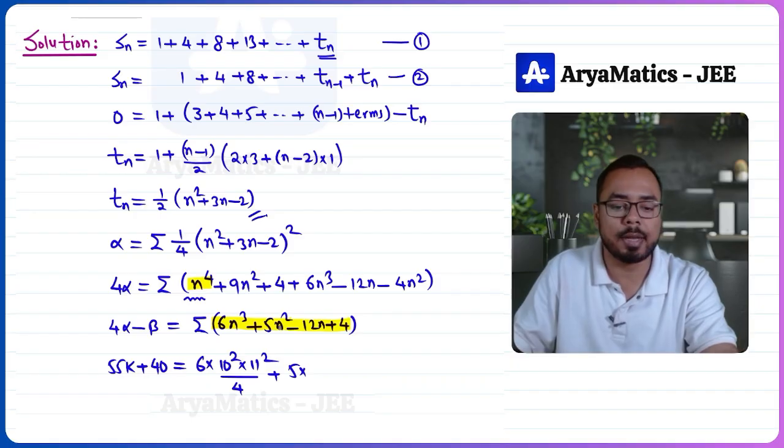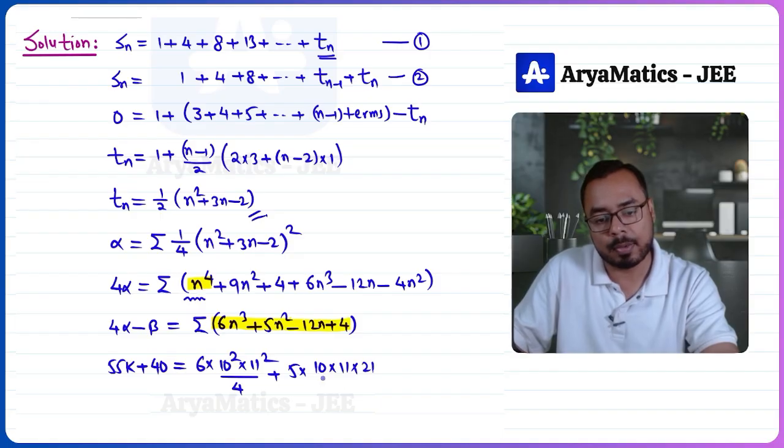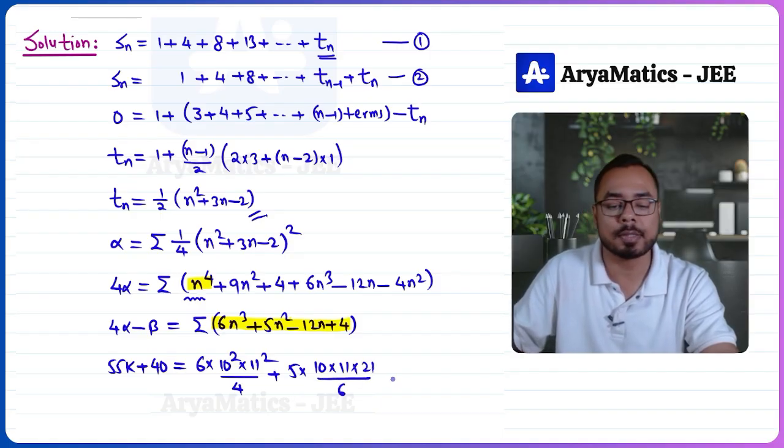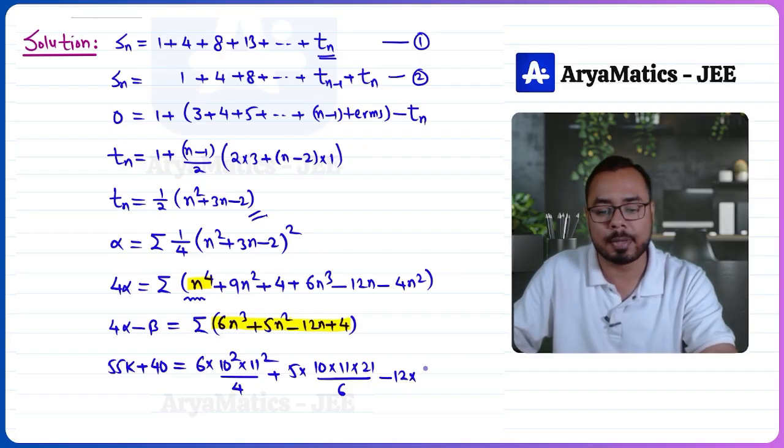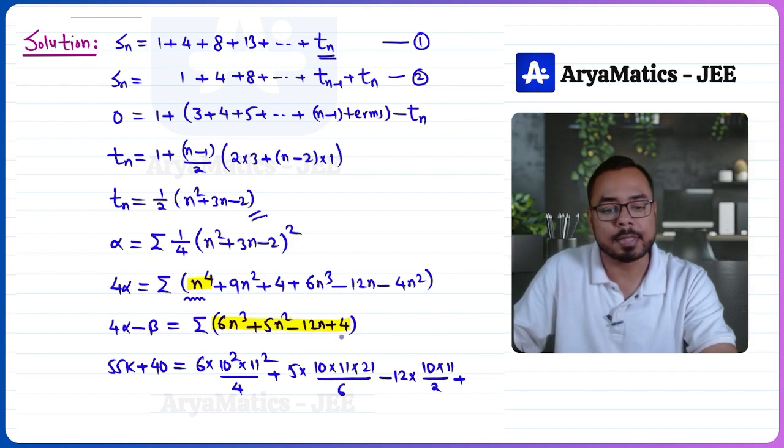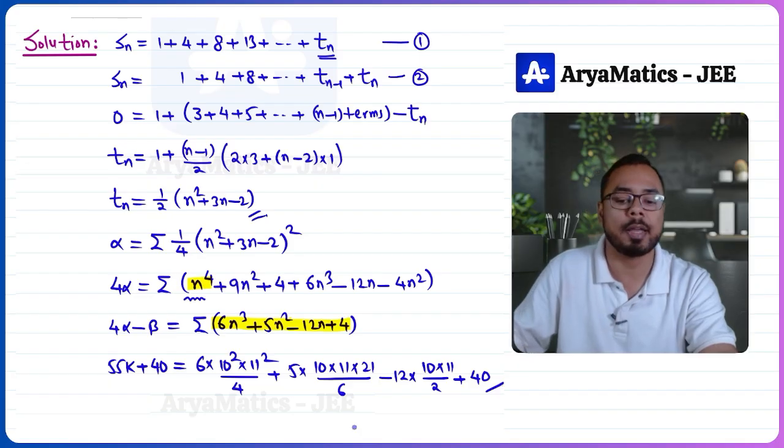Sigma n square is n plus 1, 2n plus 1 by 6, n is 10. So n plus 1, 2n plus 1, and this divided by 6, minus 12 into sigma n. Sigma n is n plus 1 by 2, so 10 into 11 by 2. And sigma 4, that will be 4n, and n is 10, so this will become 40.